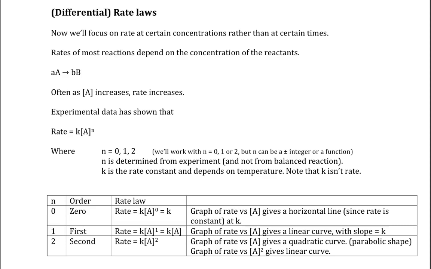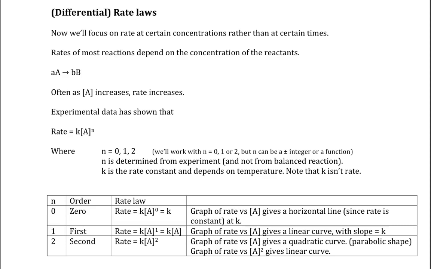So let's say we have aA forming bB. That is to say, little a, little b, those are stoichiometric coefficients, and the big A, the big B are some chemicals. Often as the concentration of A increases, the rate increases.